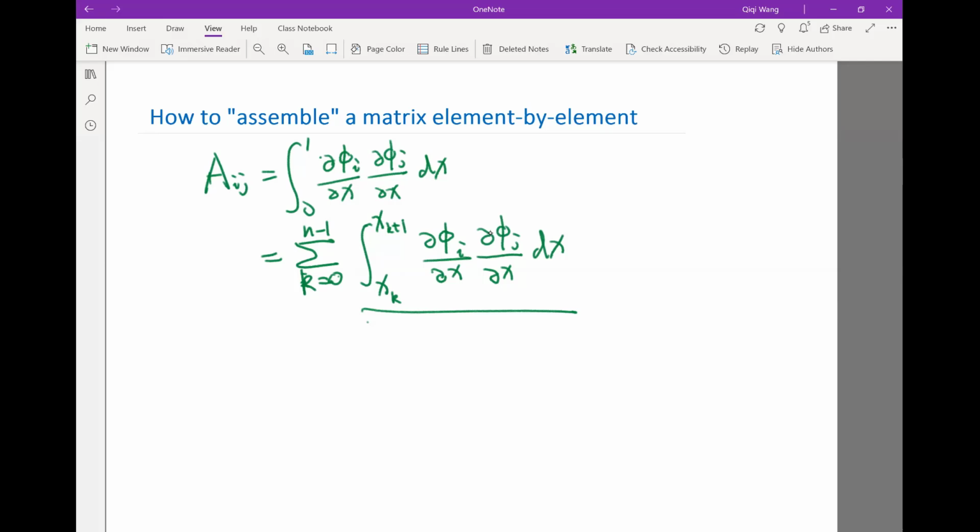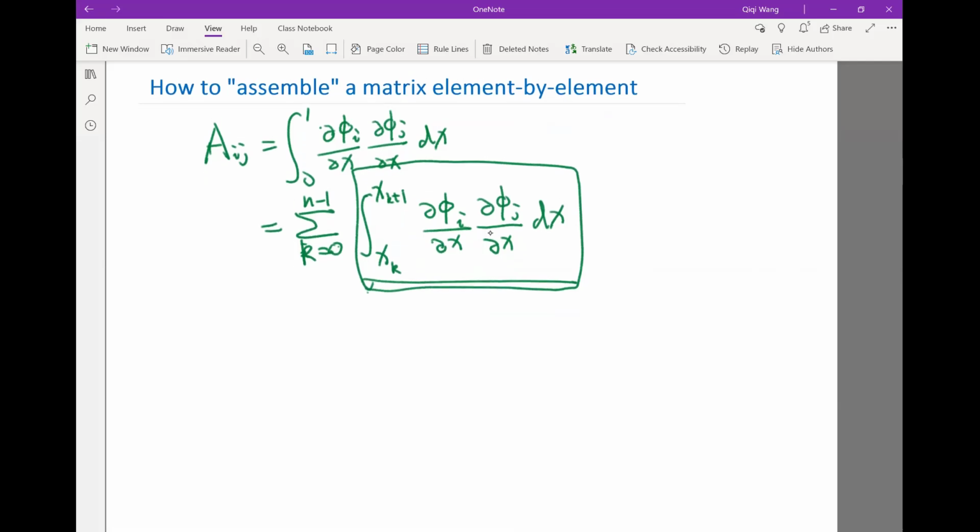And the reason why this is helpful is because such a matrix actually is extremely sparse. Exactly how sparse is it? By sparse, I mean there are only very few entries in the matrix that are non-zero. So exactly how sparse is this?